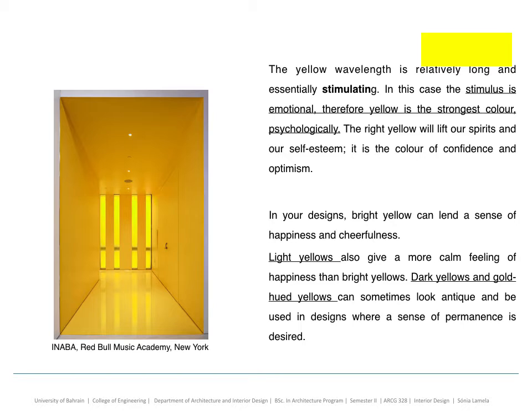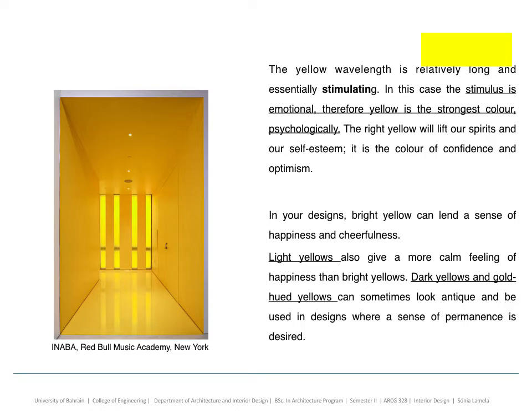inside our project. Of course, for all the colors we are just seeing now, we are talking more about the hue, but depending on the chroma and the intensity, the light or the dark yellows, there's a variation that also provides different feelings.